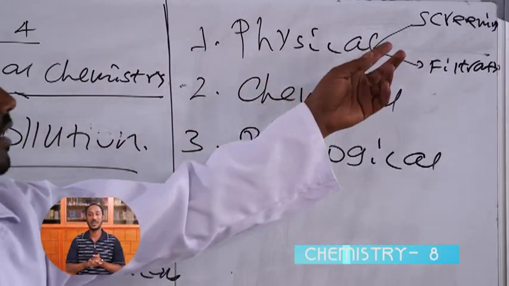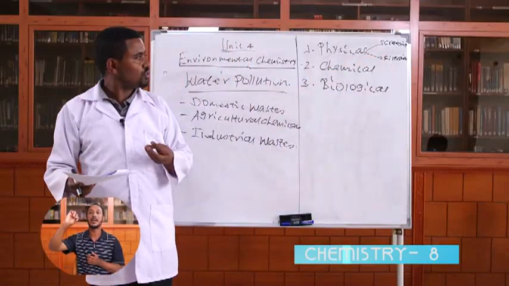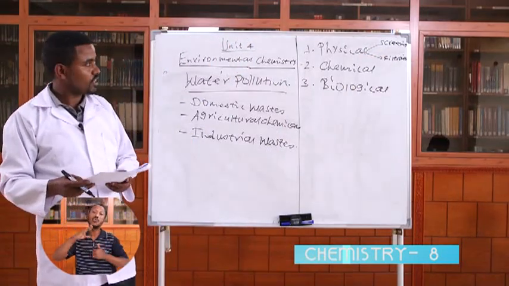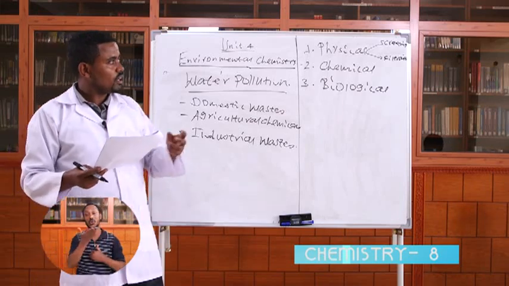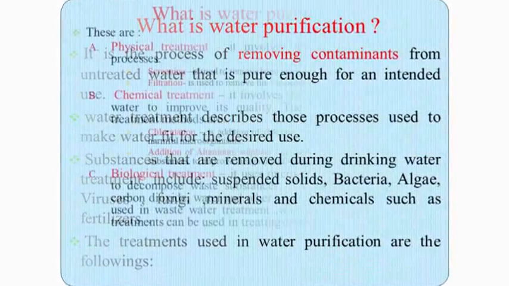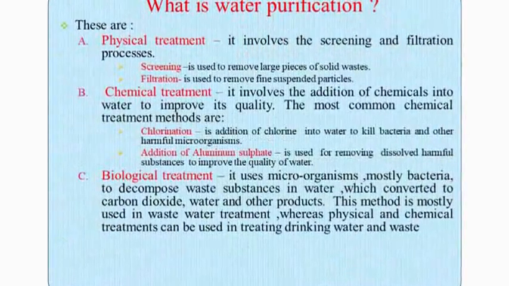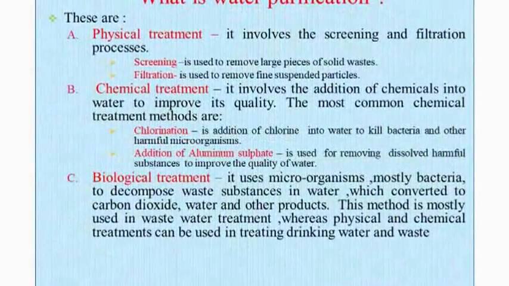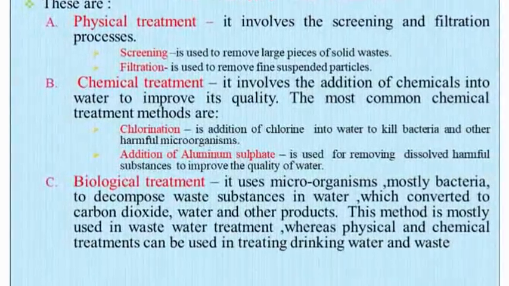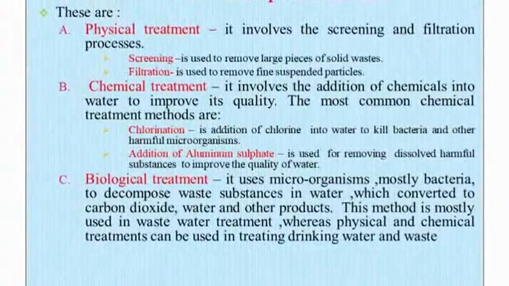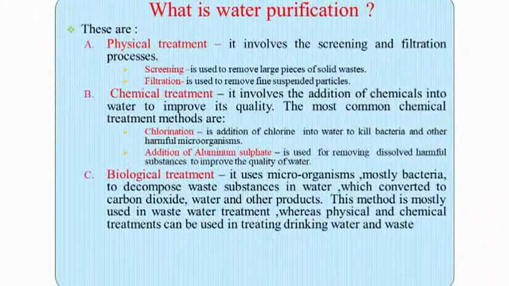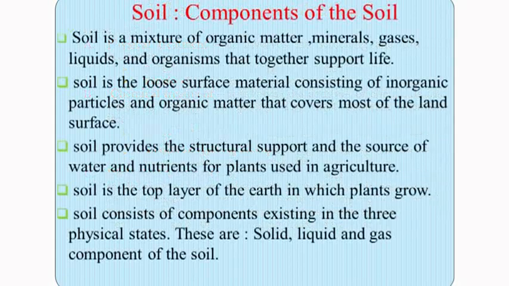When we say screening, we can remove large size particles from water. With filtration, fine suspended particles can be removed. The other one is chemical treatment, which is the addition of chemicals into water to increase its quality.